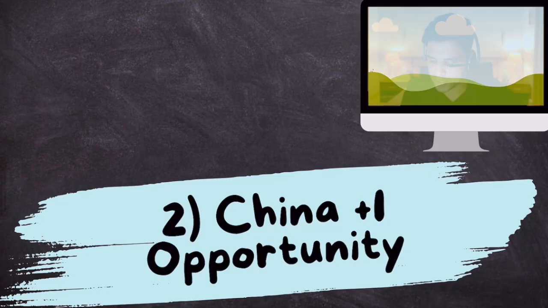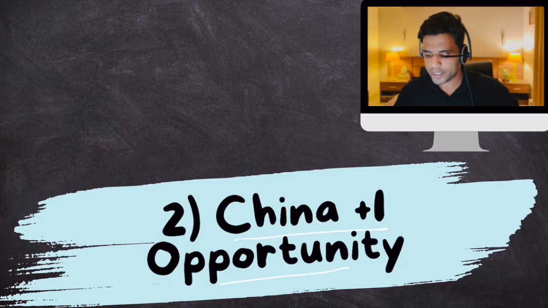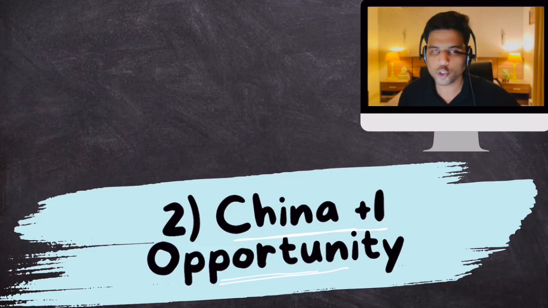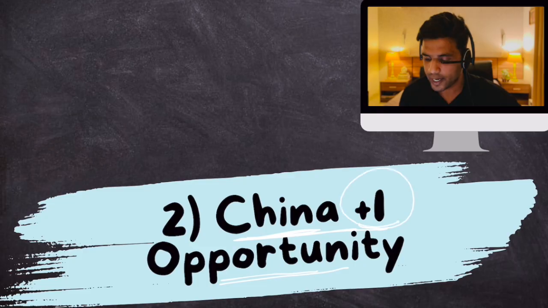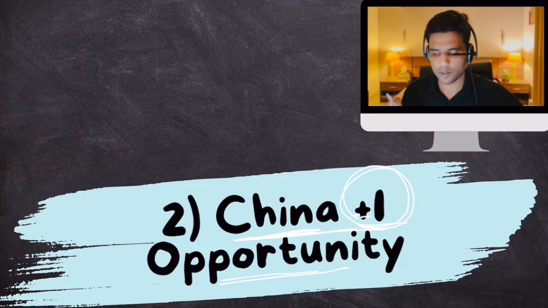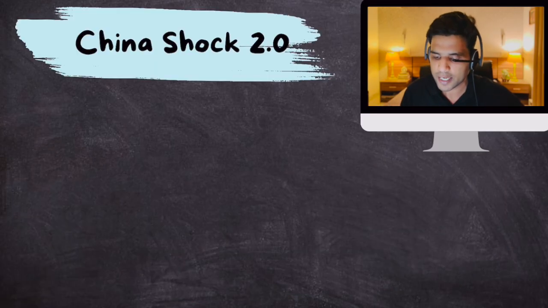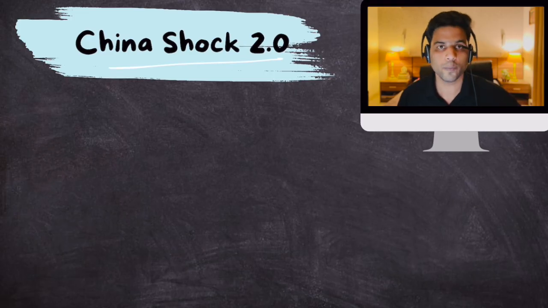Okay, so you understand what is the China plus one opportunity? It means that countries want to set up their factories in other places apart from China. So India could have been this plus one. Now, the major reason why Western countries were looking for the China plus one strategy is China Shock 2.0.